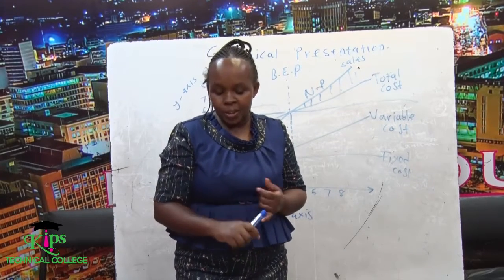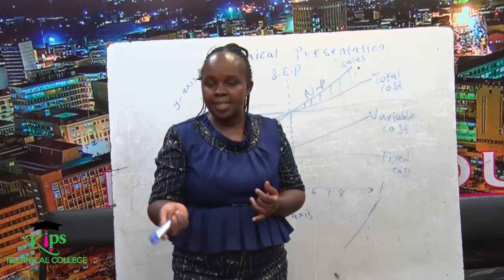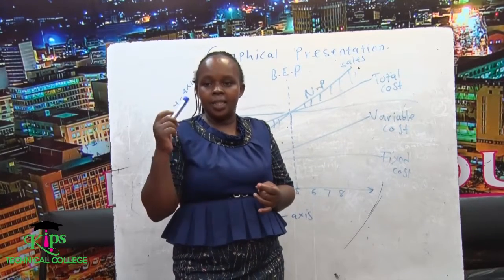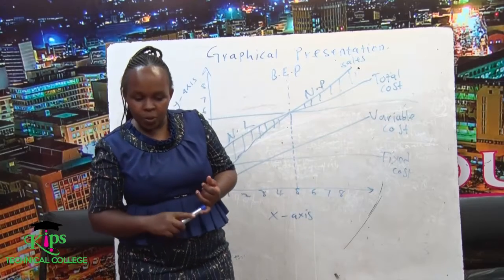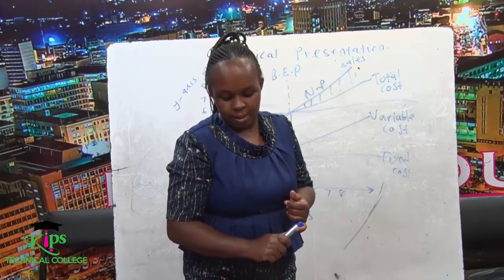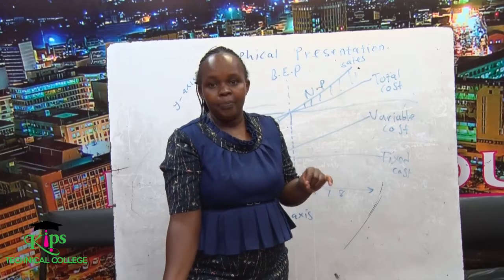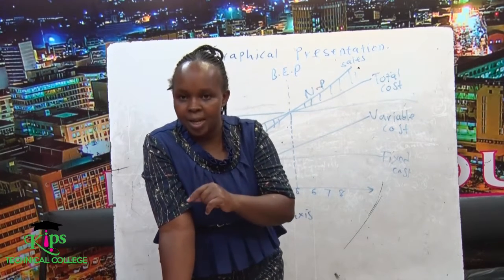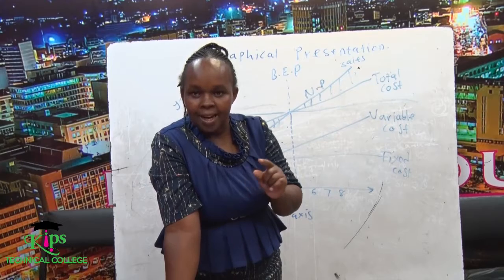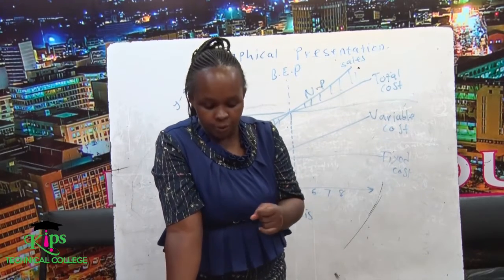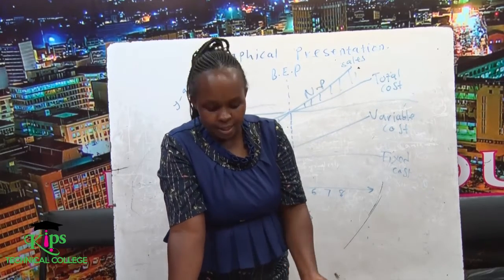And we said we calculate total cost using material cost plus labor cost plus overhead, or you can calculate the total cost using fixed cost plus semi-fixed cost plus variable cost. That's how we get the total cost, and we subtract it from the total sales to get the net profit, as a percentage or in shillings.